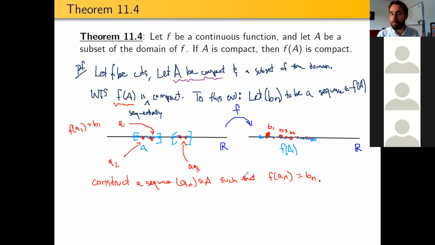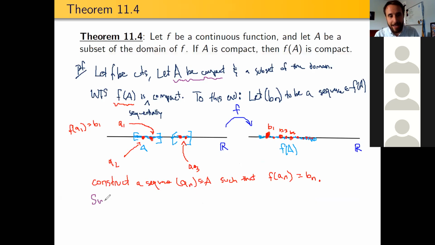Since A is compact, it is sequentially compact. And so every sequence in A, including A sub n, has a subsequence that converges to a point in A, right?